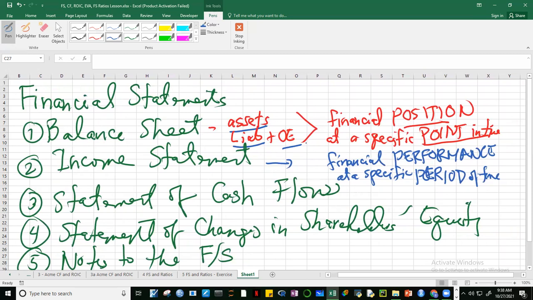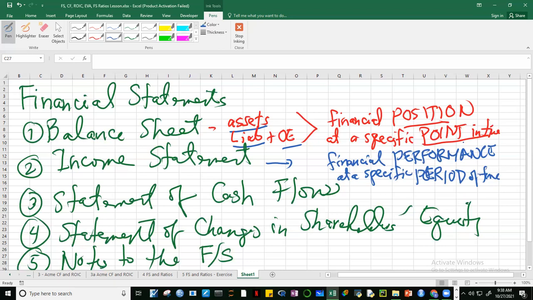That's why in the balance sheet you will find the heading as of December 31, say 2021, while in the income statement it's for the year ended. So that's the difference between these two statements.